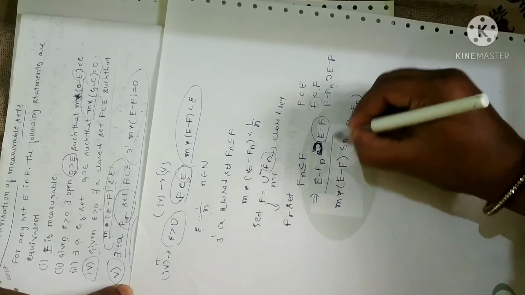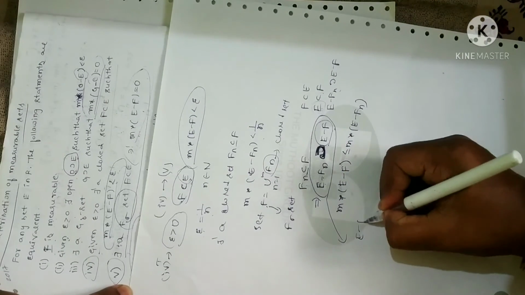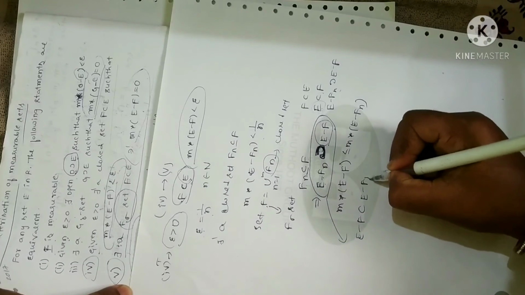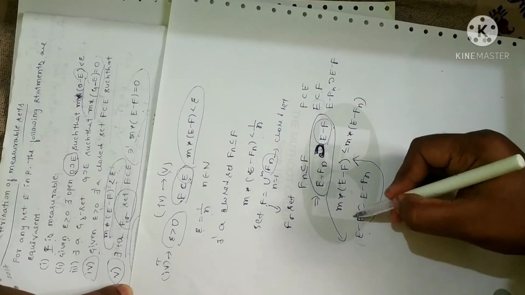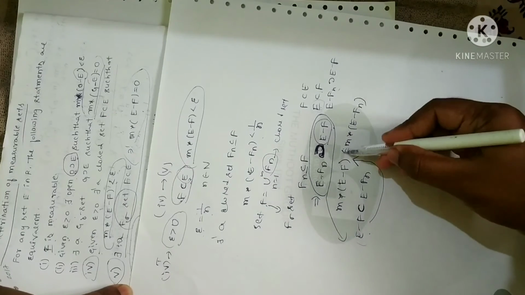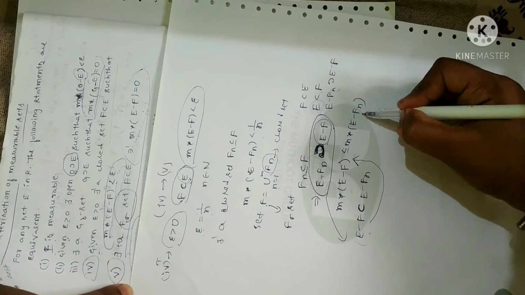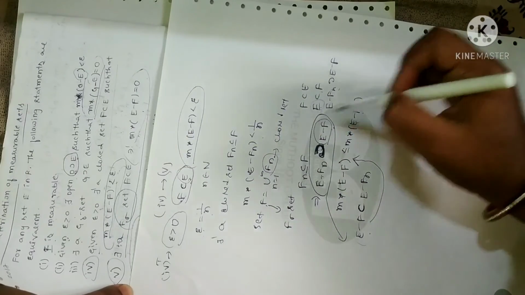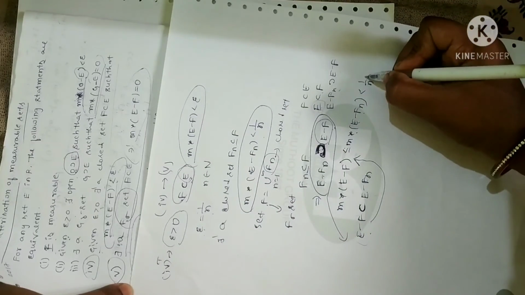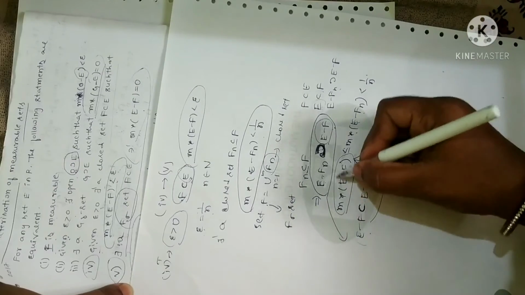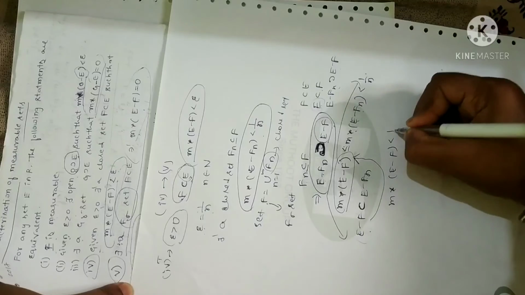Now what I have assumed is that m star of E minus Fn is less than 1 by n. So this value is also less than 1 by n, and you will get m star of E minus F is less than 1 by n.